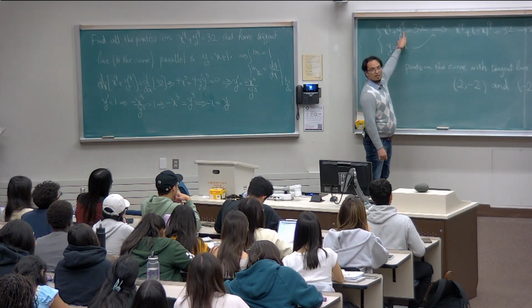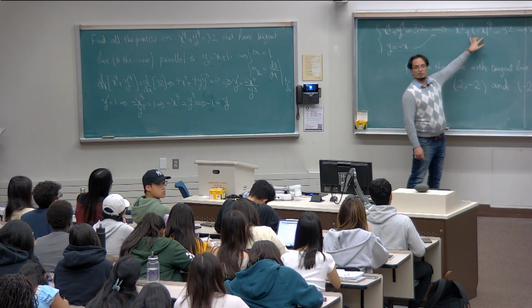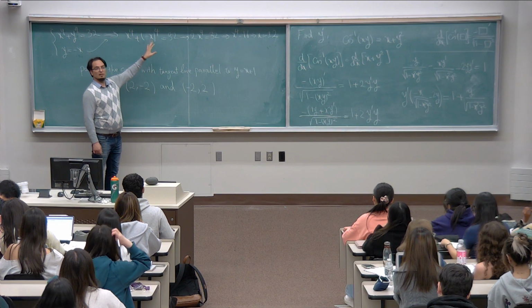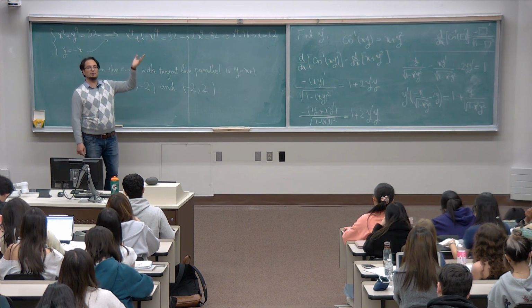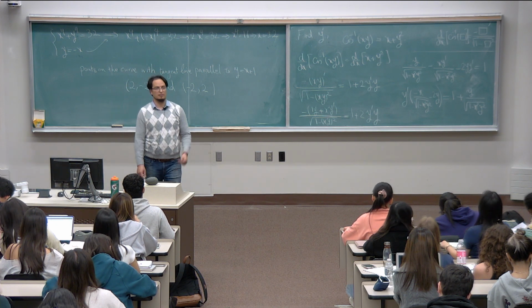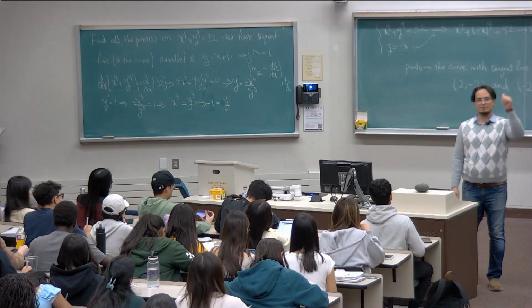Then I get this equation. And negative x to the power 4, negative 1 to the power 4 is plus, so you get 2x to the power 4. Is that good?